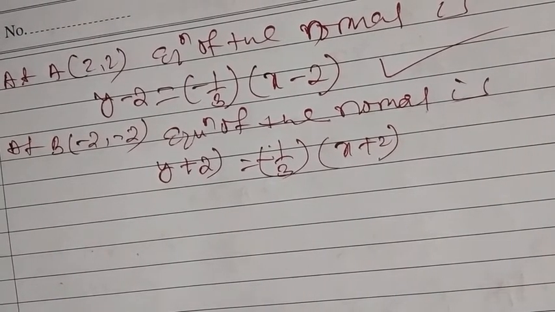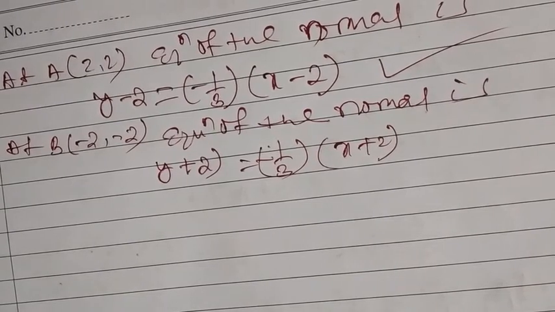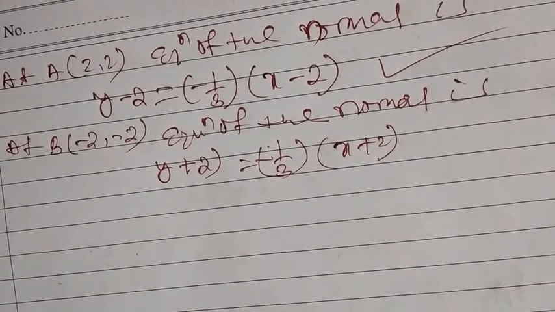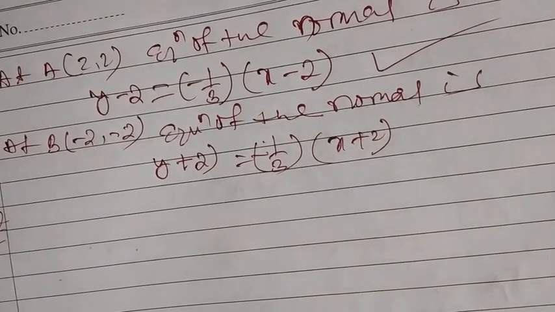So in this way, if the tangent is parallel to a line, then the slope of the tangent is the same as the slope of the line. Get the point and the others. Another question.